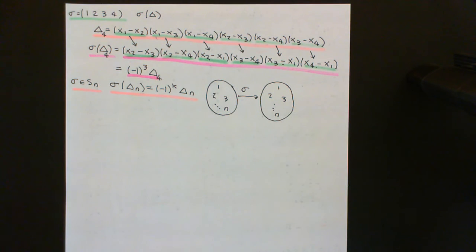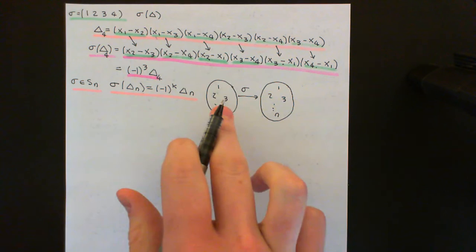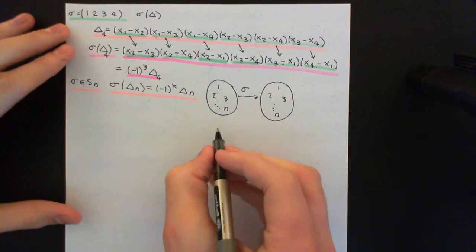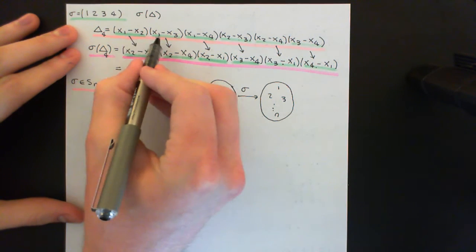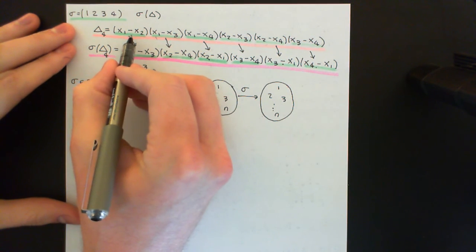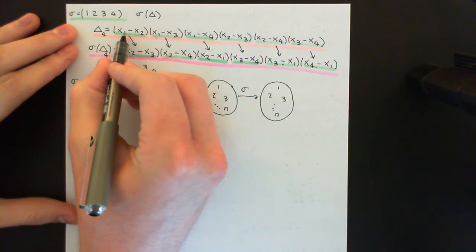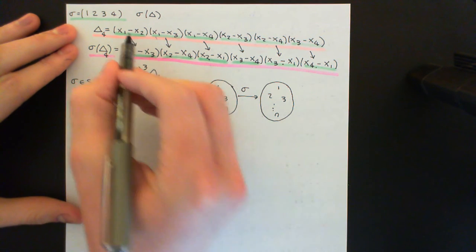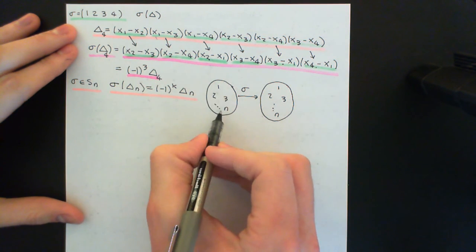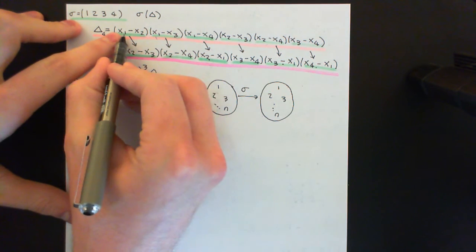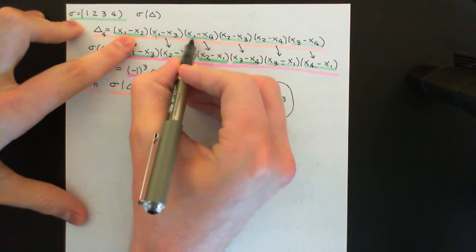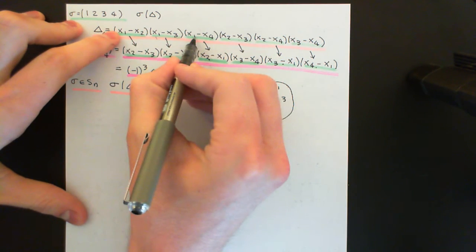Okay, now if you consider creating a very similar map from sigma, which is going to act on the set of pairs, unordered pairs of elements here, which is effectively what we're doing here. When we construct this polynomial, we have taken every possible pair of elements from the set 1 to n. So look, I've got 1 and 2, 1 and 3, 1 and 4, those are all the pairs involving 1.